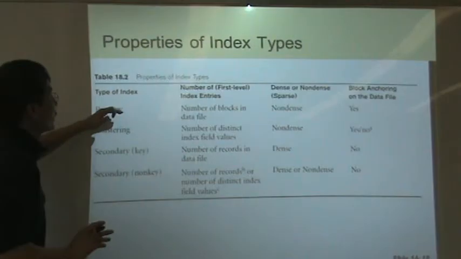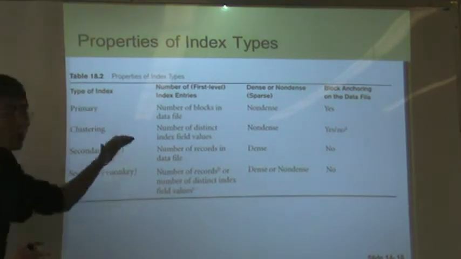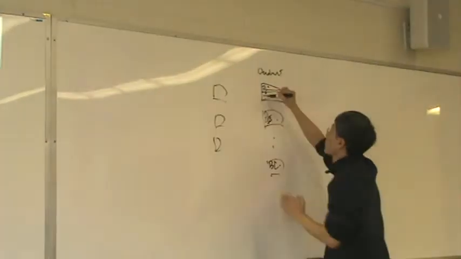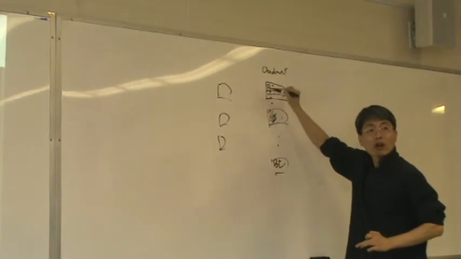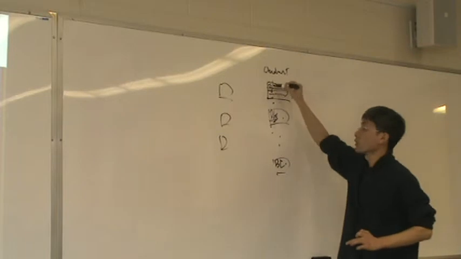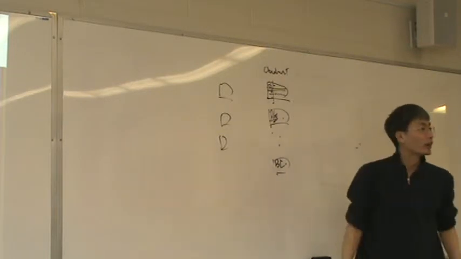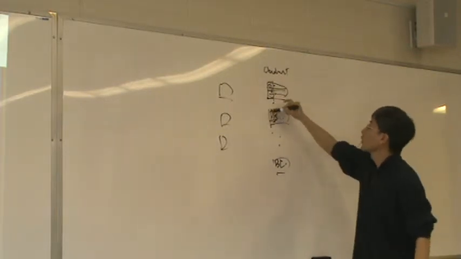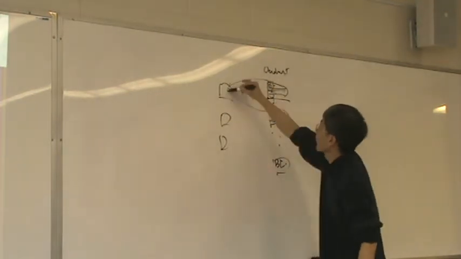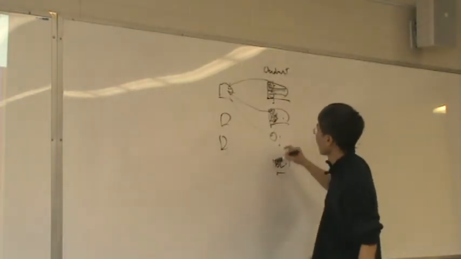So the primary index is used for what? In case your table is sorted by the key value. Eventually we will put such a key value as the primary key. We can then get the benefit of this one. That means we can get the anchor, anchor, anchor, anchor.